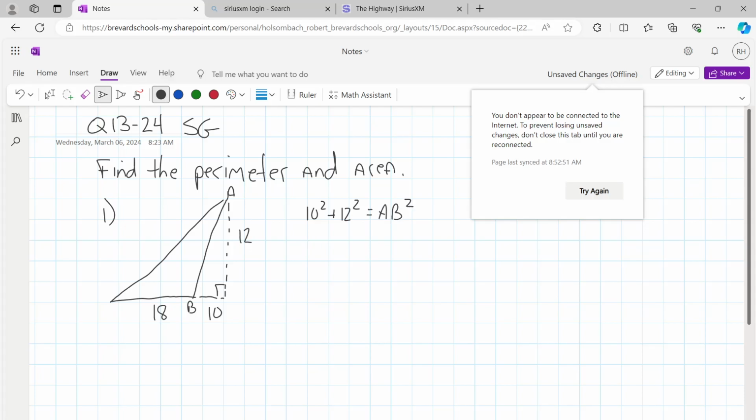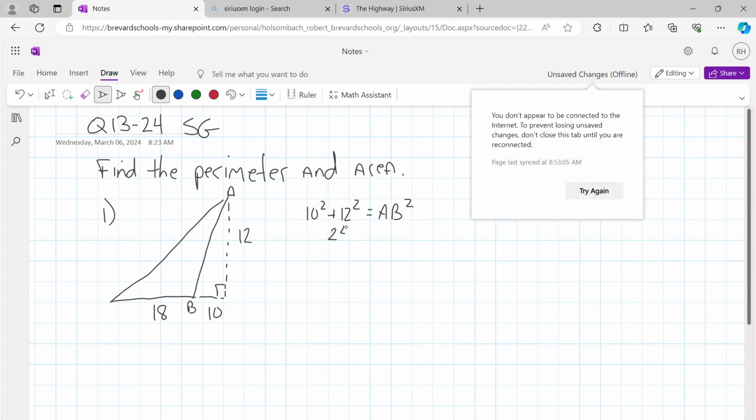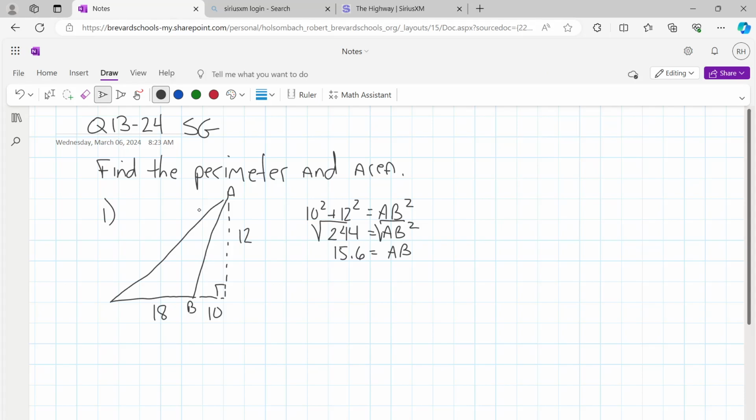So it becomes a calculator problem now. 10 squared plus 12 squared is 244, equal to AB squared. We're going to find the square root of each side, and 15.6 is equal to AB. That's this side right in here. So AB is equal to 15.6.